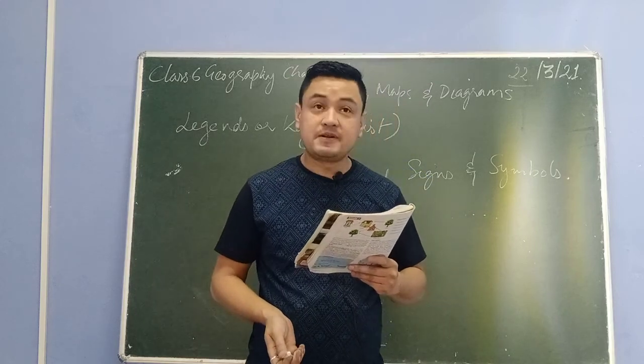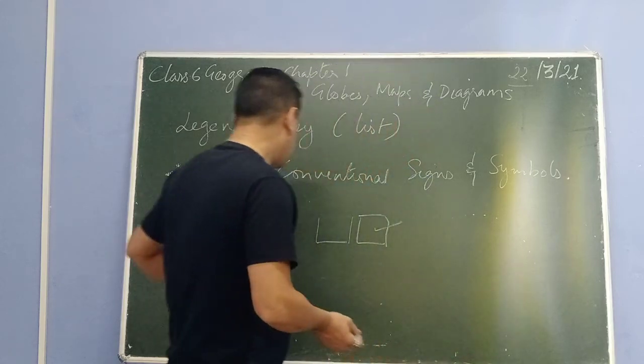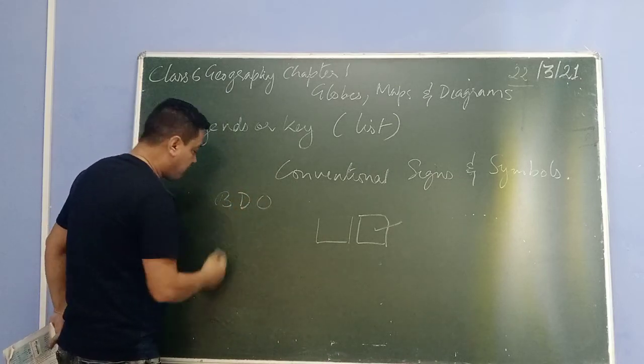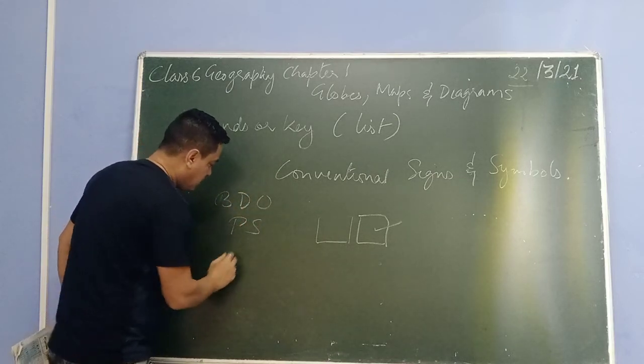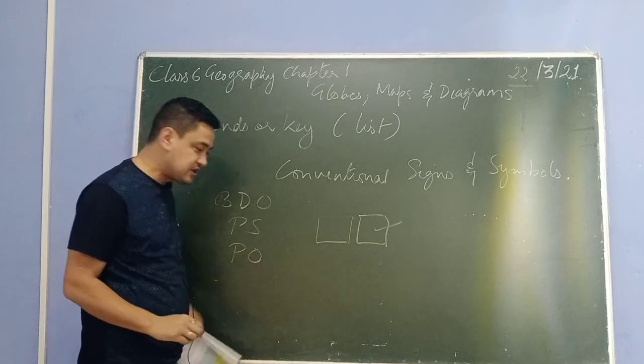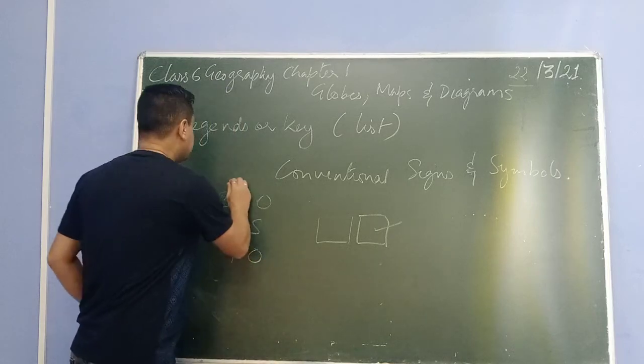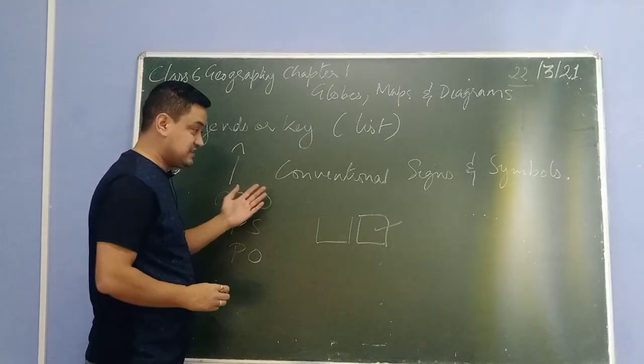Along with this, alphabetic symbols are also used. Now, what does BDO mean in a map? BDO means Block Development Office. PS means police station. PO means post office. Do you understand? These signs and symbols are known as conventional signs and symbols, which are basically presented in a legend.